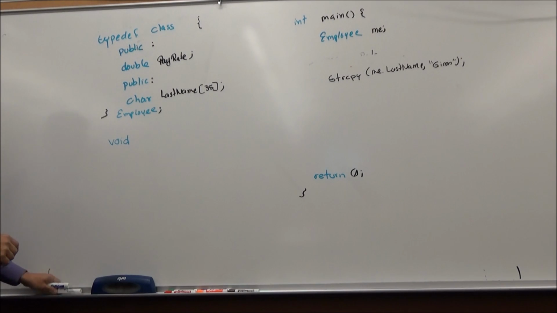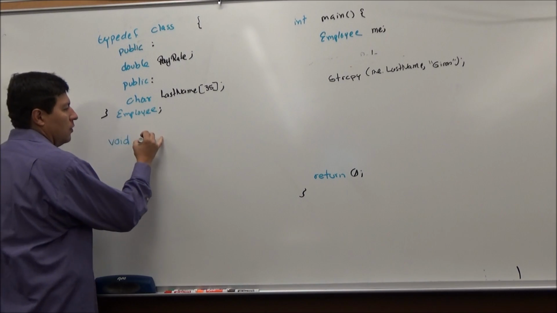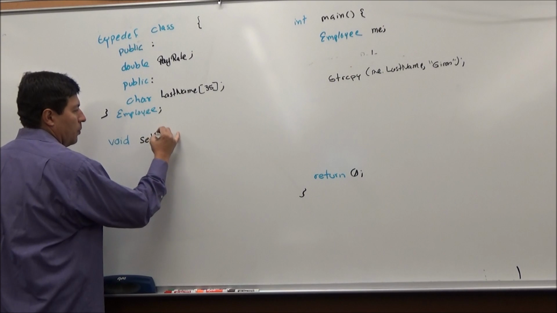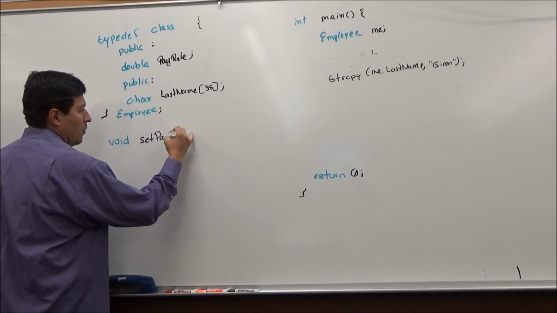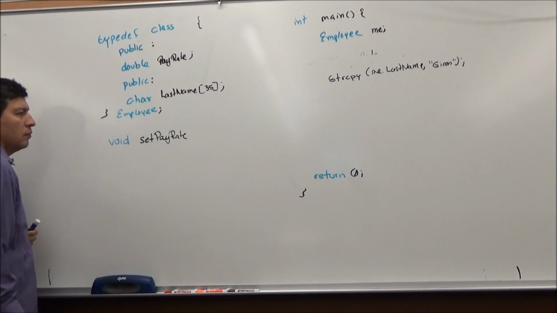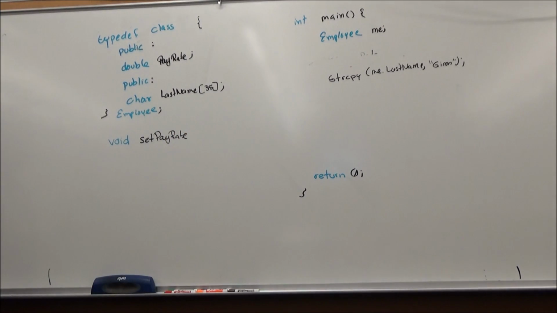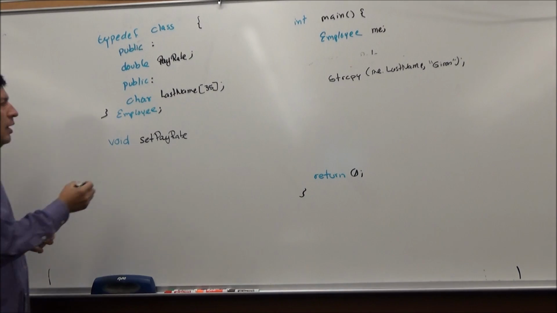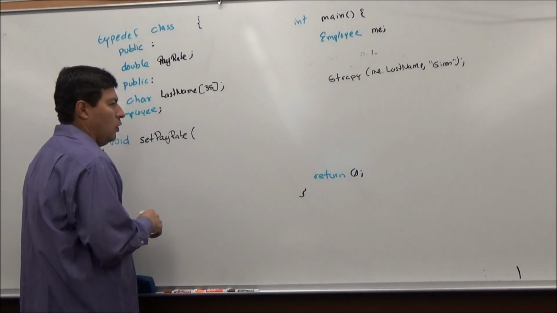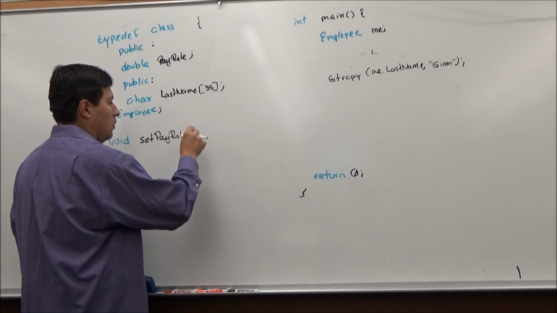So I could make this function called, let's just say, set pay rate. I can make a function that takes a double as a parameter.